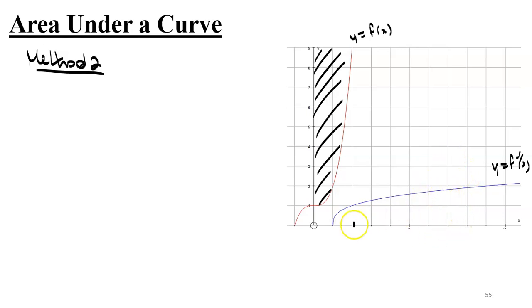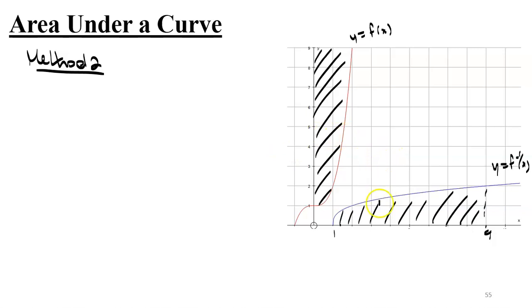So you can see here that this is 2, 3, 4, 5, 6, 7, 8, 9. So you can see that the area enclosed by the curve between y equals 1 and y equals 9 is in fact the same as the area enclosed by the inverse of the function between x equals 1 and x equals 9.